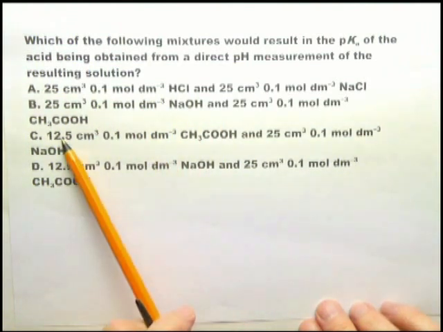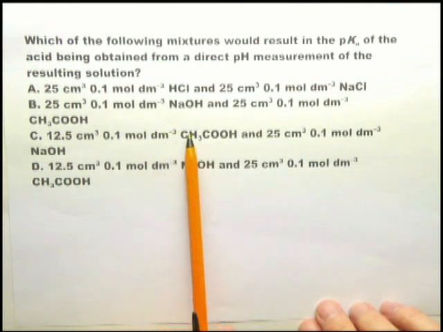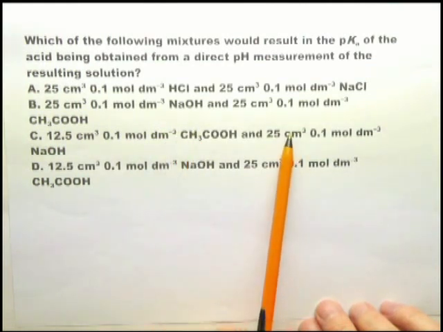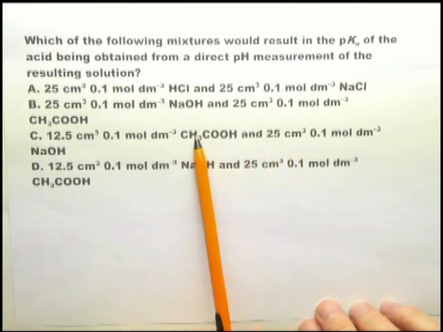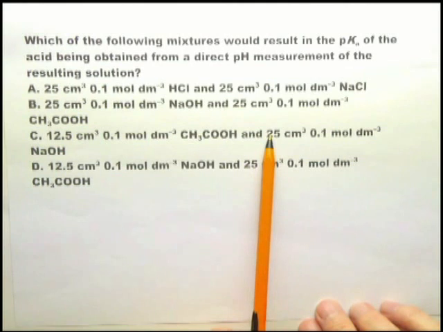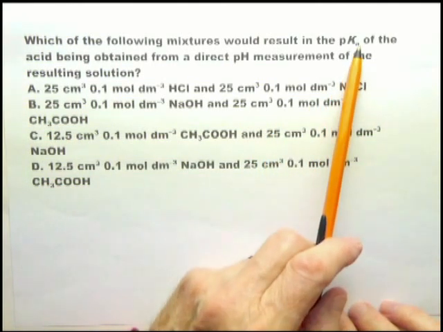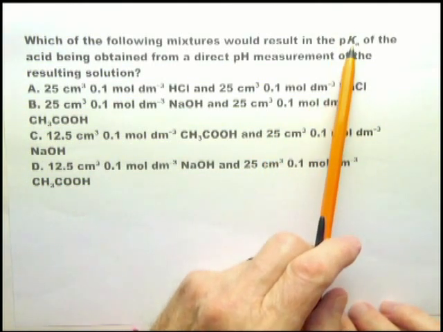This one, they have given you half the quantity of the acid as compared with the sodium hydroxide. So what you'd end up with is the sodium ethanoate and sodium hydroxide. This would have a pH of about 13 to 14. This is not something that would help you calculate any kind of pKa.